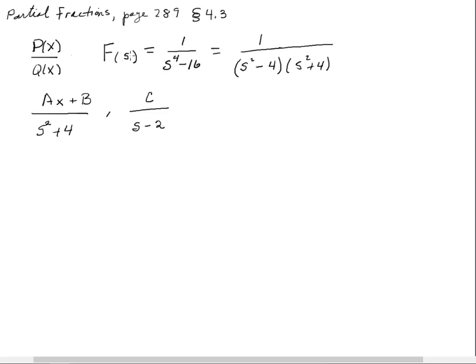Now, what if we wanted to find, let's say, we want to find f of t where F of s is equal to 1 over s to the fourth minus 16.